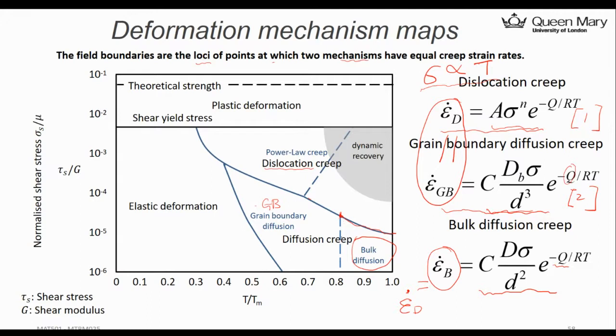And there's a vertical line here between this and this. Again, it is obtained by setting the grain boundary strain rate equal to the bulk diffusion creep. And you will see the temperature actually cancels out. In this case, the Q is the same for these two, so you will cancel out the T, and in the end it's just relevant to the stress you applied. Okay, but of course, the stress also kind of cancels in this case.